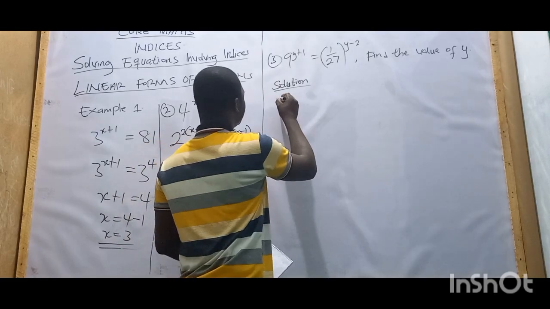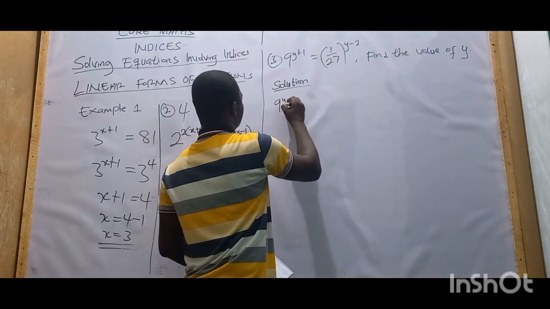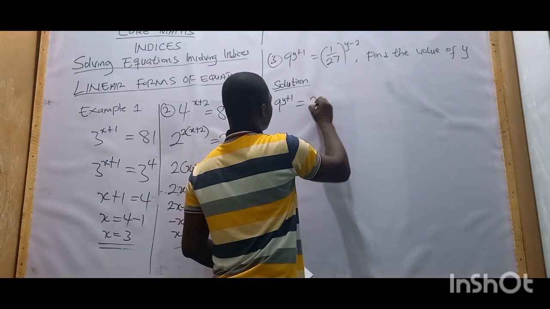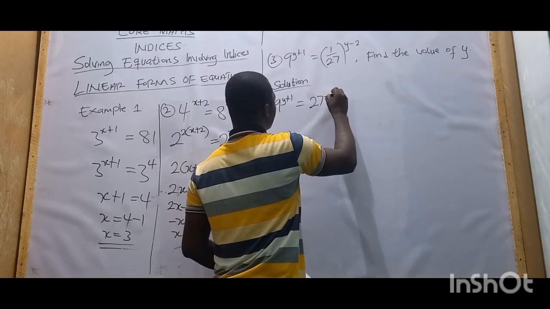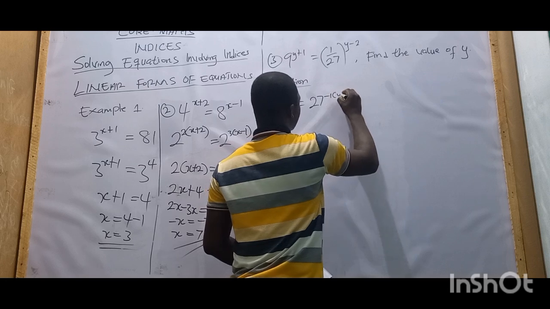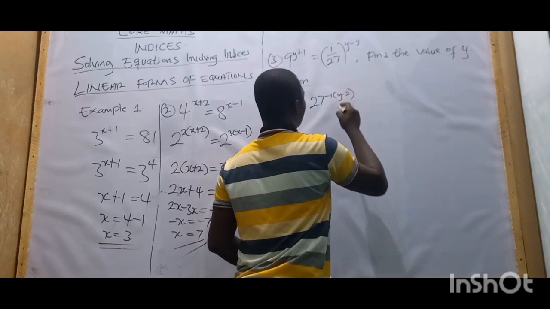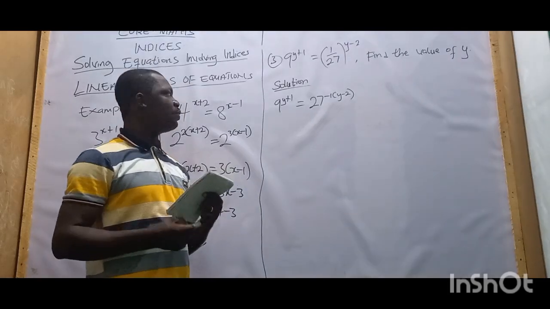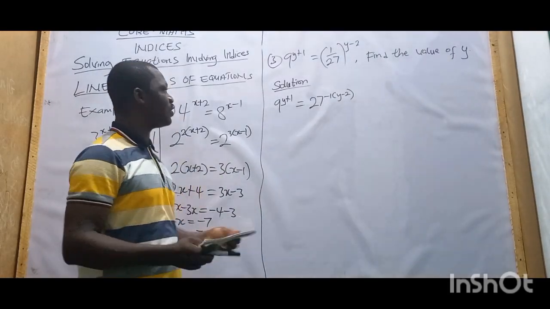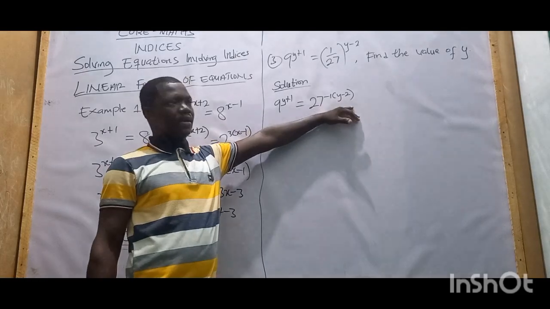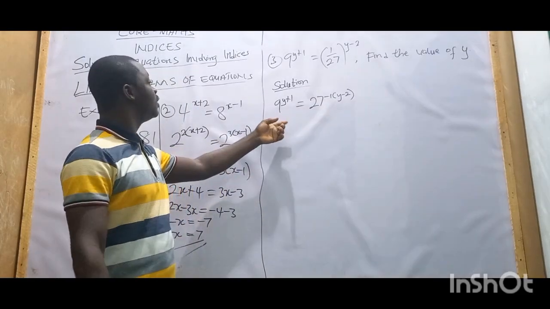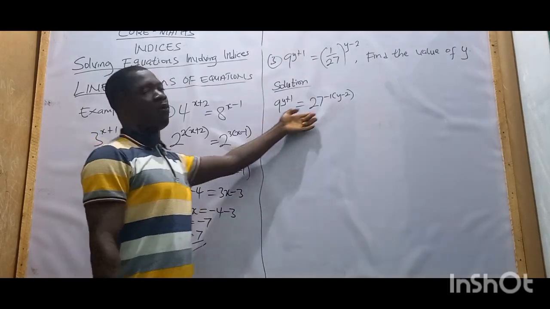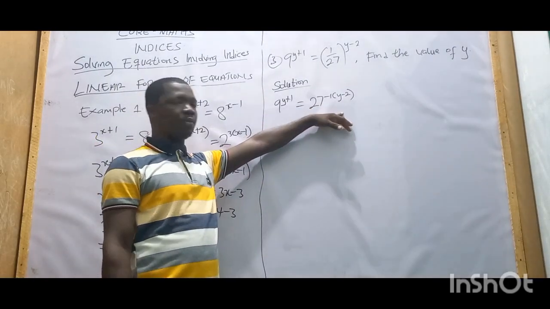So here will give us, okay, we have changed 1 over 27 to 27 exponent negative 1, right? So that's negative index, or reciprocal, right? So now that we are able to write it in this form, then we will look for a common base for them and proceed, right?